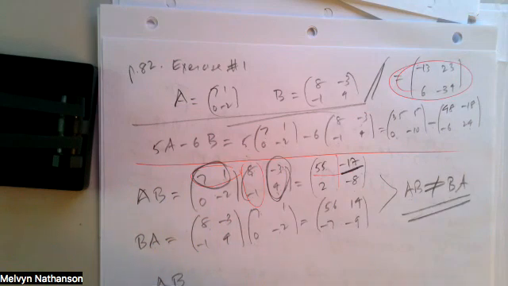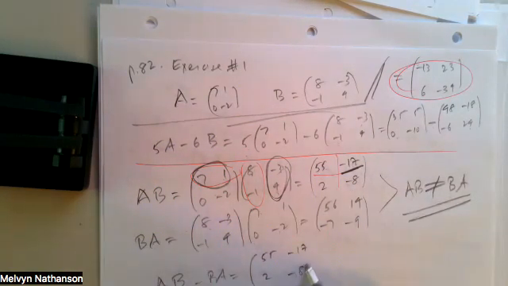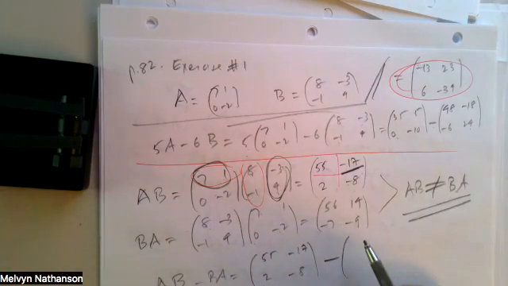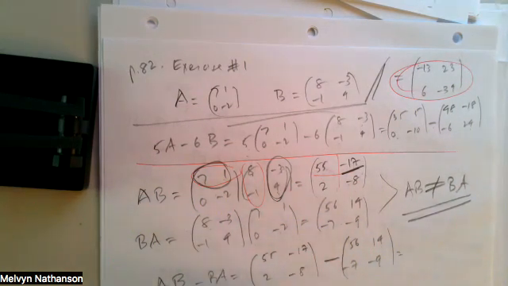So if I want to subtract AB minus BA, AB is the matrix 55, minus 17, 2, minus 8, minus BA, which is 56, 14, minus 7, minus 9. You subtract matrices by subtracting coordinates. 55 minus 56 is minus 1.